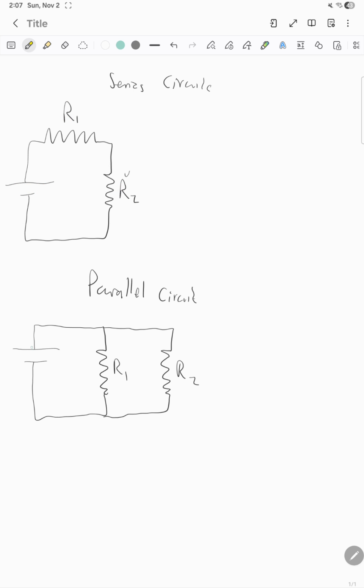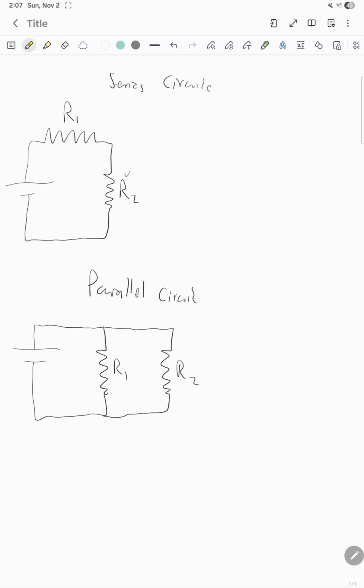If you go here, the current could either go by here or by there, because it needs to go back to the negative terminal. So that means that this is a parallel circuit.